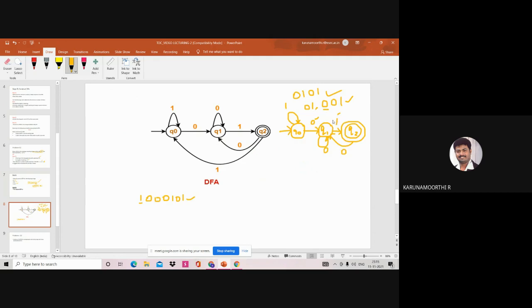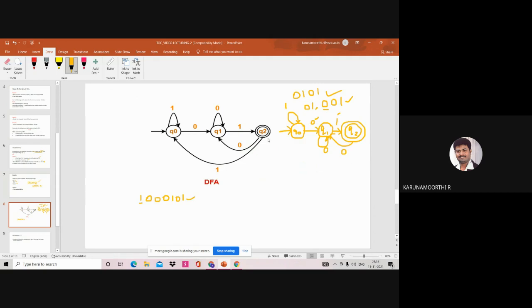In case I want to read 1, 0, 1, that time I read the input symbol 1 followed by 0 followed by 1, and it is accepted. That's why we call this self loop the Kleene closure property, that is 0 or more times. So this is the way we are going to construct the DFA.